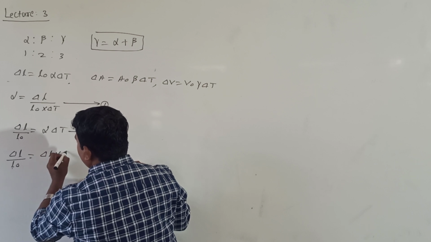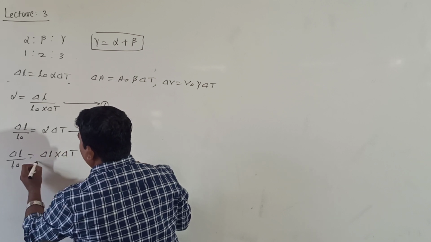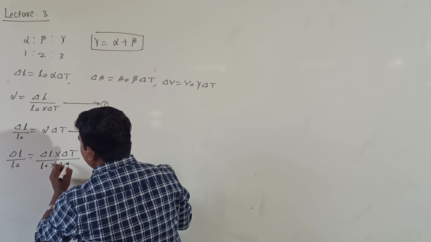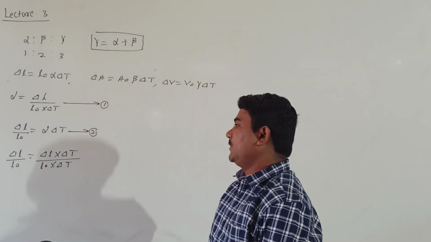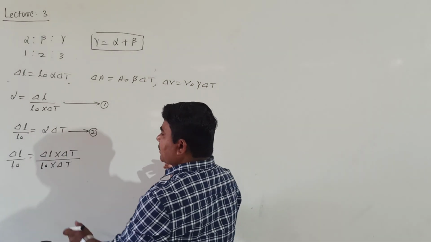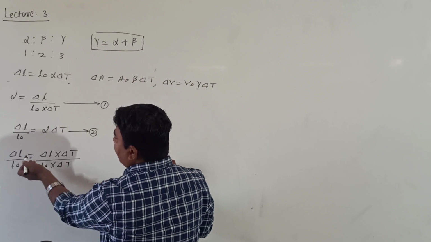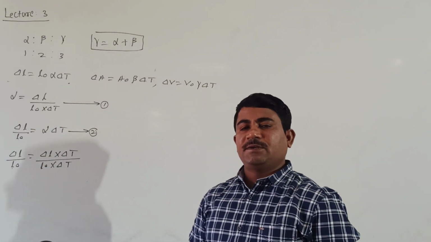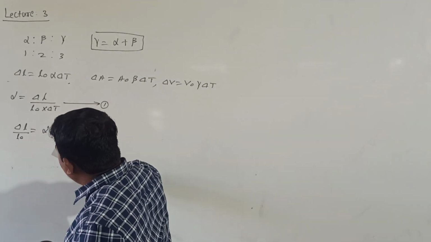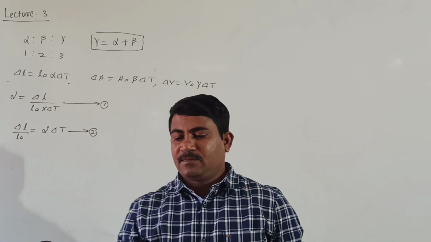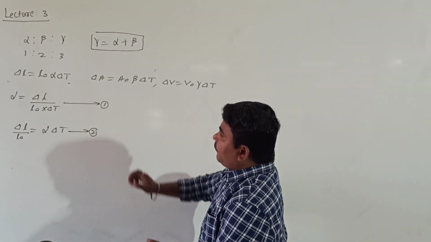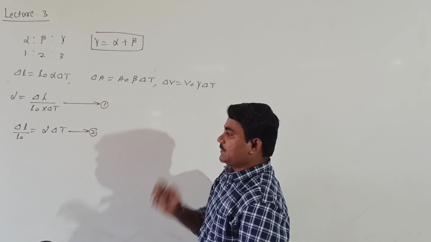Del L into delta t whole divided by L0 into delta t. Like this you can represent. Again, this delta t gets cancelled. What is remaining? This only remains. Right? This is for the coefficient of linear expansion.